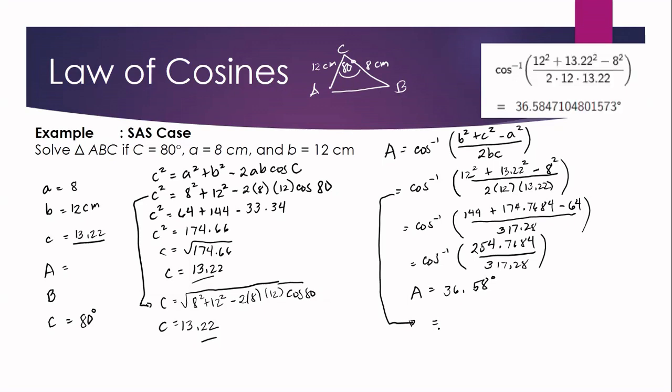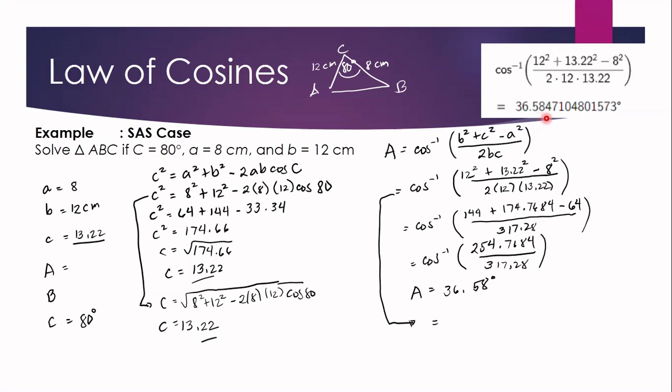Pag ginalagay nyo sa calculator, we have cosine inverse of 12 squared plus 13.22 squared minus 8 squared, and then over the product of 2, 12 and 13.22. If you have the application, eto naman ang lalabas. Pareho lang, 36.58 degrees. So, same answer lang tayo.